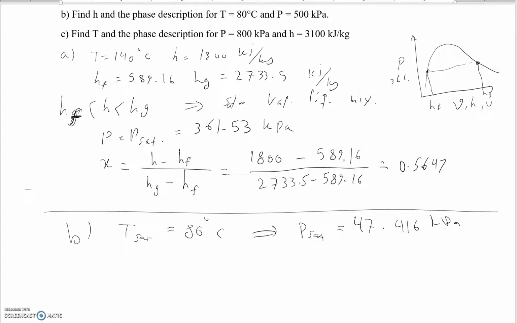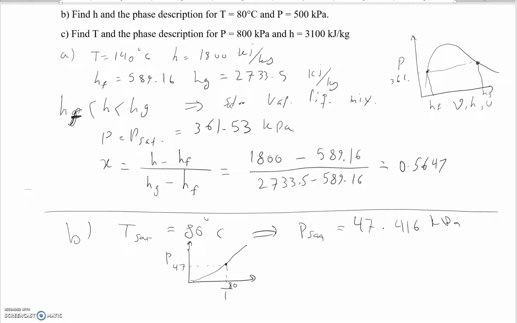And what you need to do is simply draw the PT diagram in this case. So this is my PT diagram, and it looks something like this, right? At 80 degrees Celsius, my pressure is 47, right?